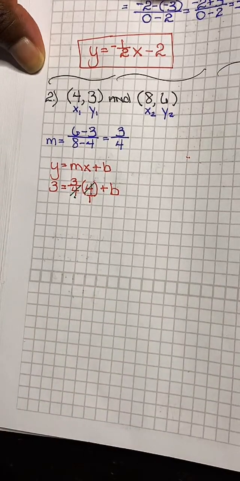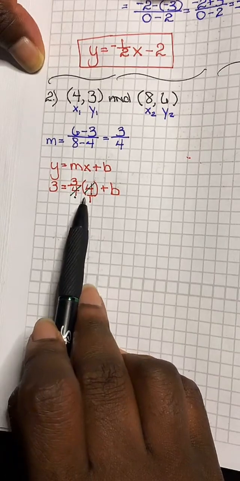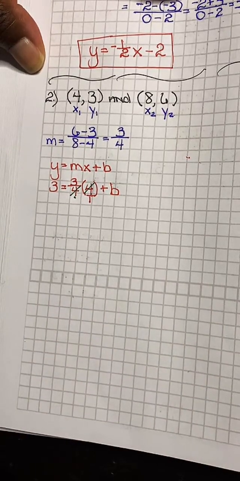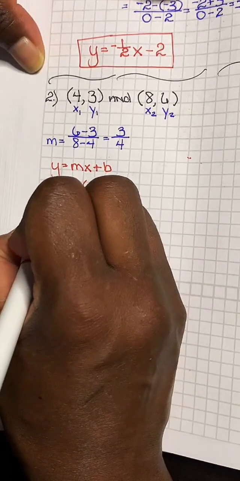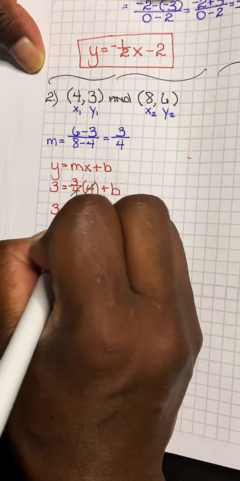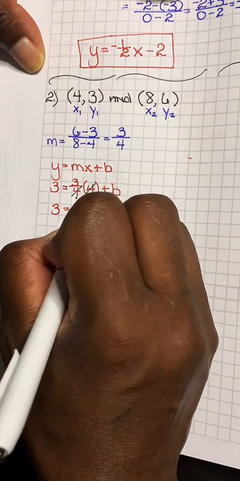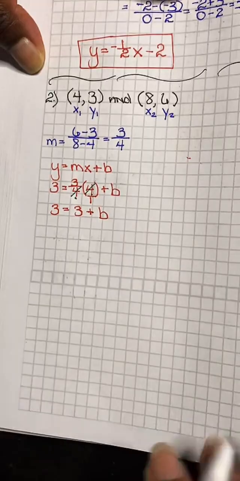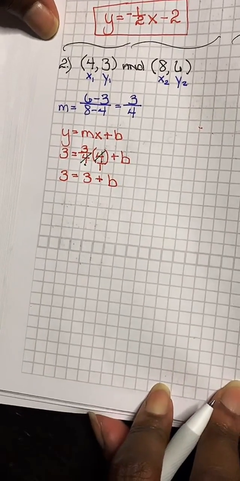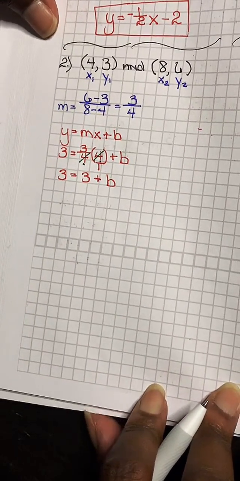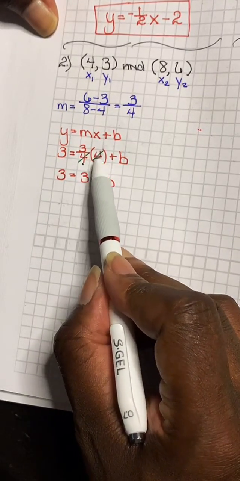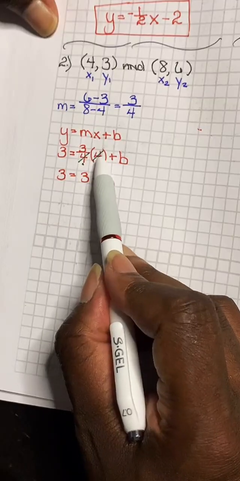And we don't need the 1 because guess what's left? The 3. So what comes down is actually 3 equals 3 plus b. So anytime the whole number and the denominator are the same, you can cancel them out.